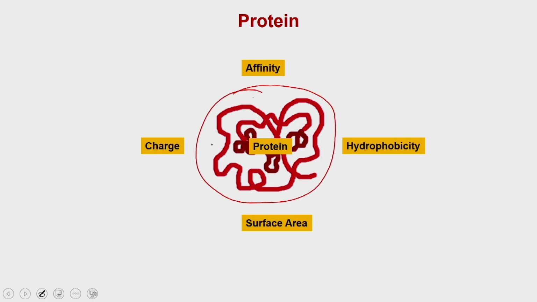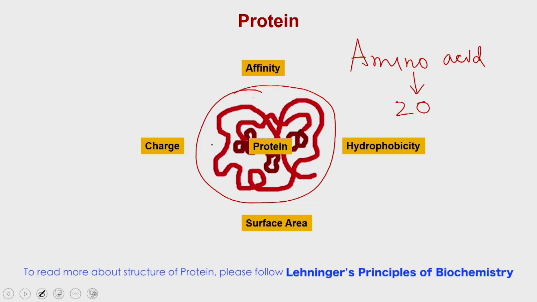Protein is made up of amino acids, and there are 20 different types of amino acids present in proteins, and these are diversified in nature. Some are polar amino acids, some are non-polar, some are hydrophobic, some are basic, and some are acidic amino acids.